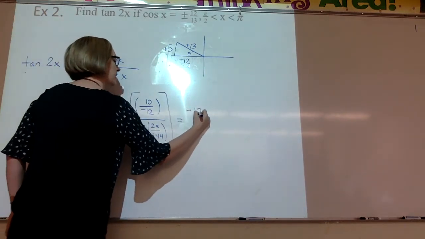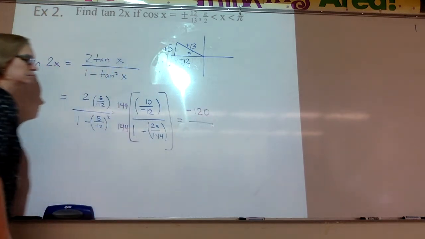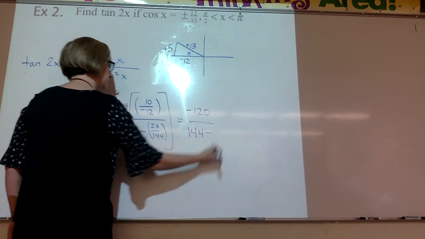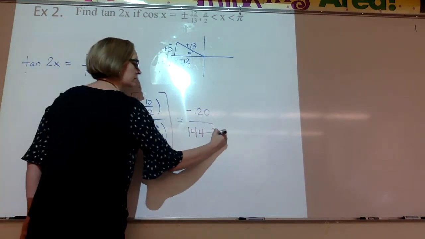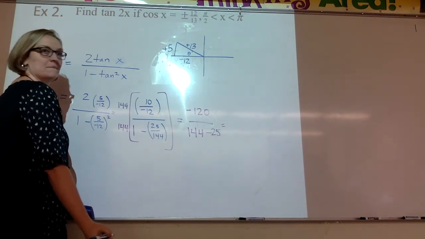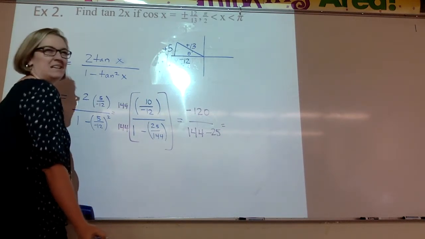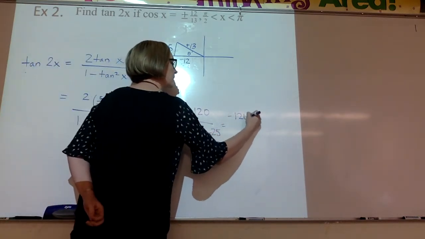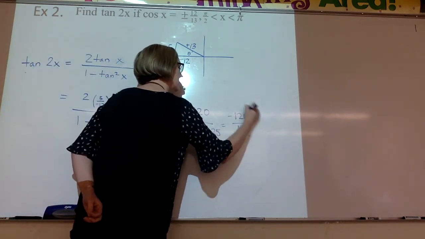So this looks like negative 120 over 144 minus 25. How much is that? 119 maybe? Somebody have a calculator? Negative 120 over 119. Answer.